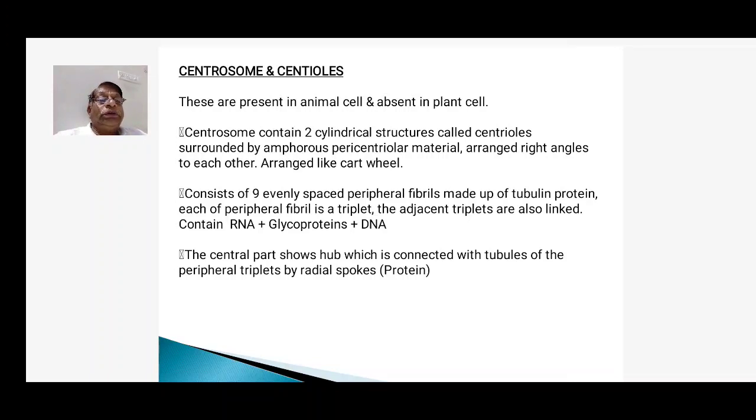The centrioles are surrounded by amorphous pericentriolar material. Okay. If you examine these, it looks like a cart wheel. Cart wheel means it looks like a bullock cart wheel, which you must have seen. So in the middle, what we call the central part is there. In Kannada it is called the hub. From there all the spokes go out radially.